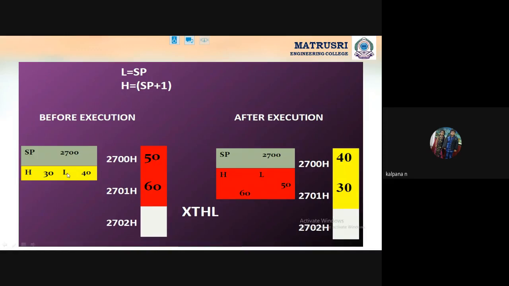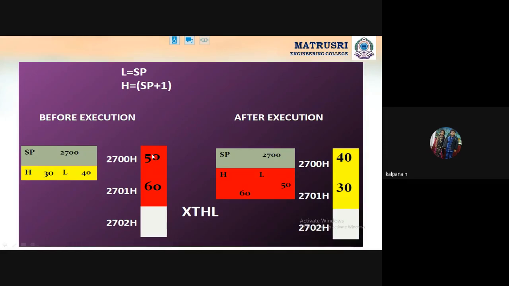Actually, whatever we place in the stack first will be moved to the bottom. Why? Because the stack is like a bucket, as I said. What we placed first will be taken out last: first in, last out. But here, XTHL means whatever you place in the stack from the HL register will be moved to the top of the stack.